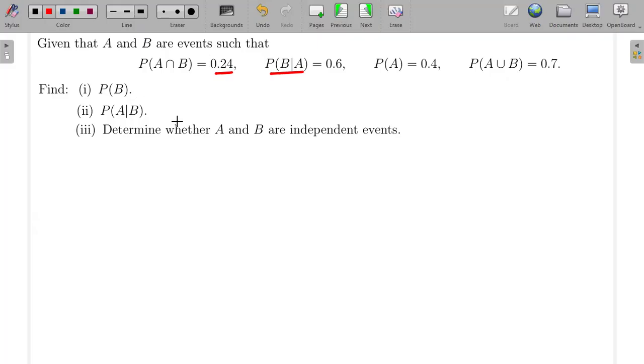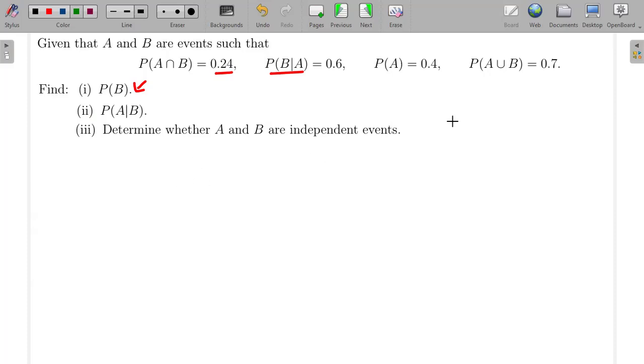All right, so the first thing that we want to find is the probability of B. How are we going to find it? We are going to use the total rule for probability, which comes from sets.